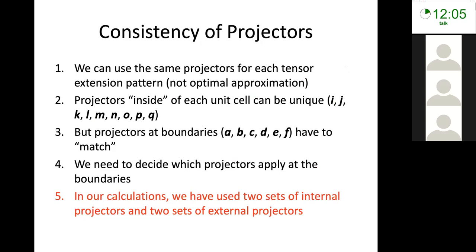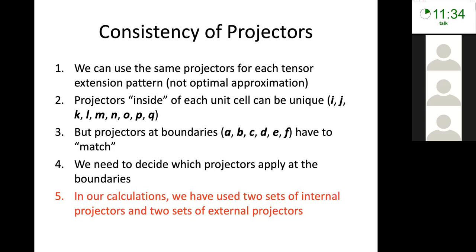So a slightly better idea might be that we would recalculate the inside projectors of each unit cell separately. So these projectors, which we denoted as A up to Q, can be obtained separately for each unit cell, and that's fine, because they don't have to be matched because they are not on the boundaries.